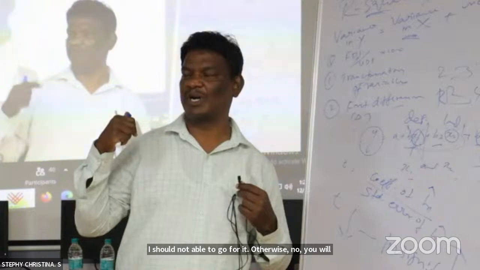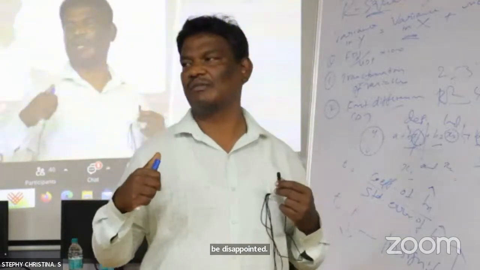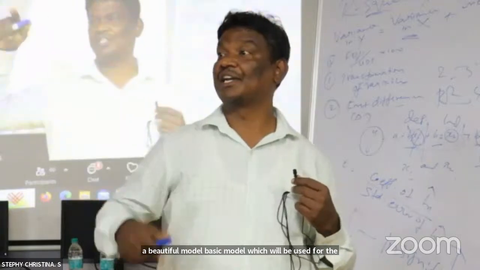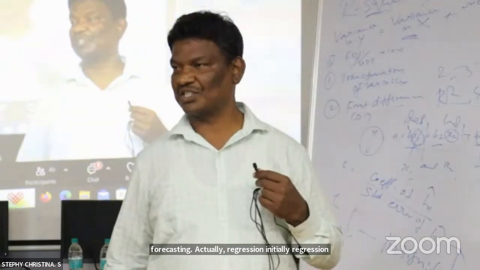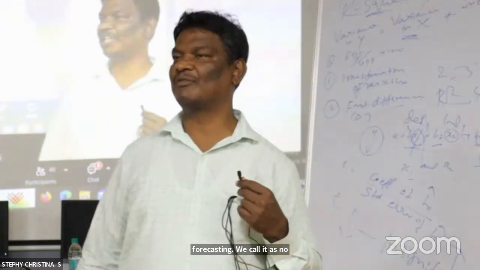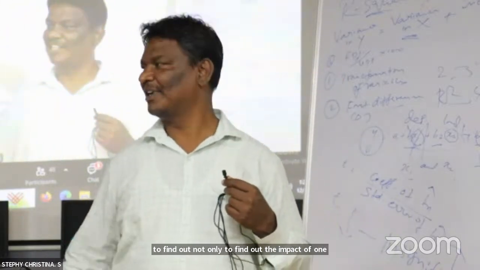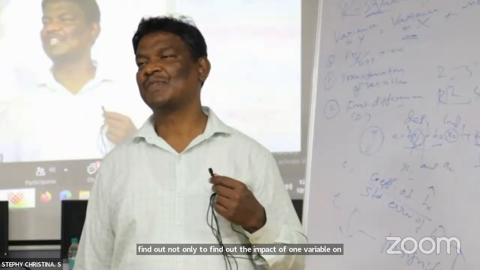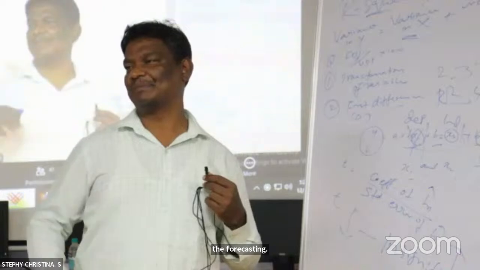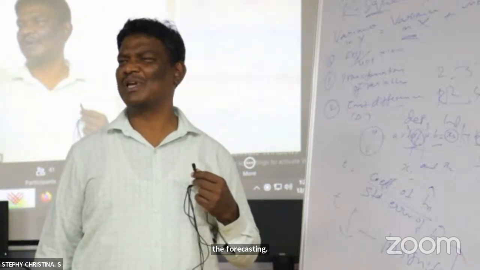It is a beautiful basic model which will be used for forecasting. Initially, regression was the conventional model used for forecasting, not only to find the impact of one variable on another. After that, it became the ARIMA model. ARIMA is a basic model.